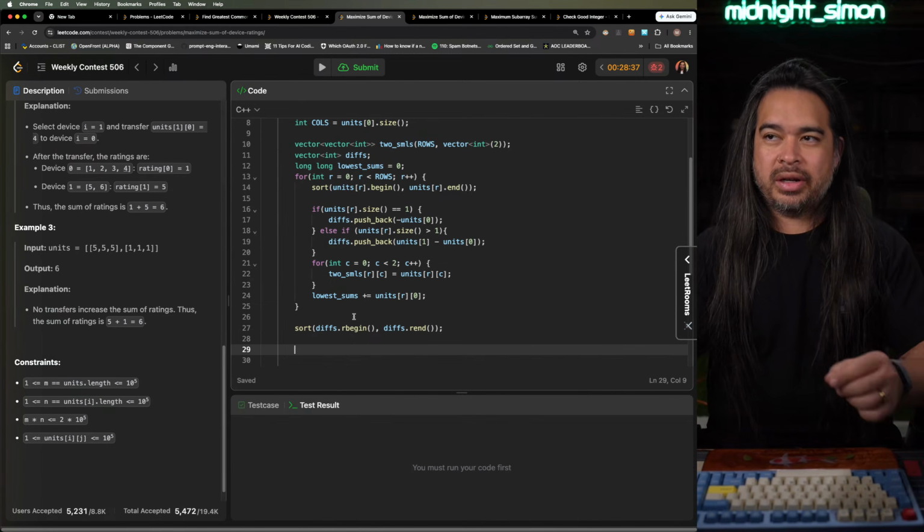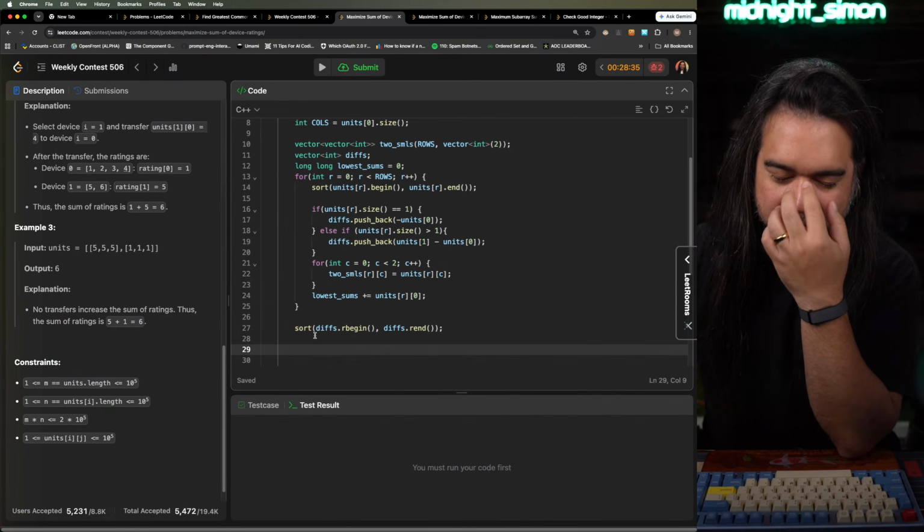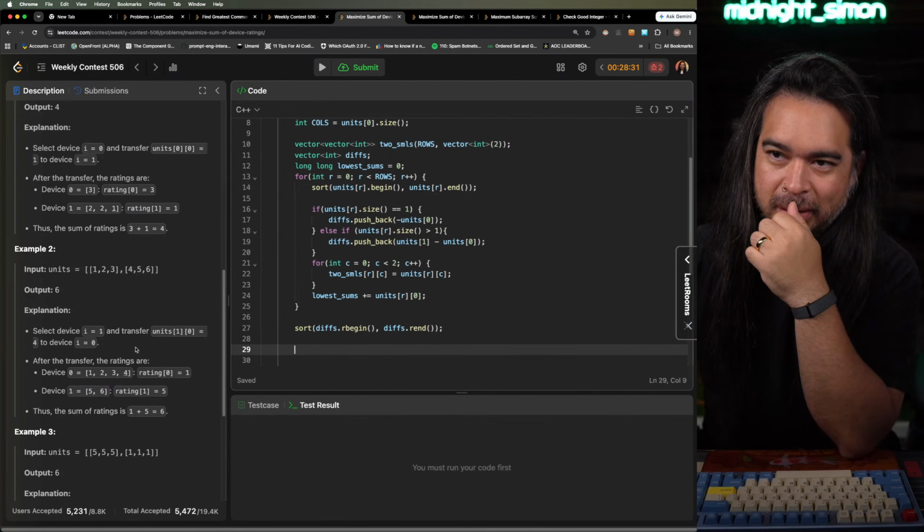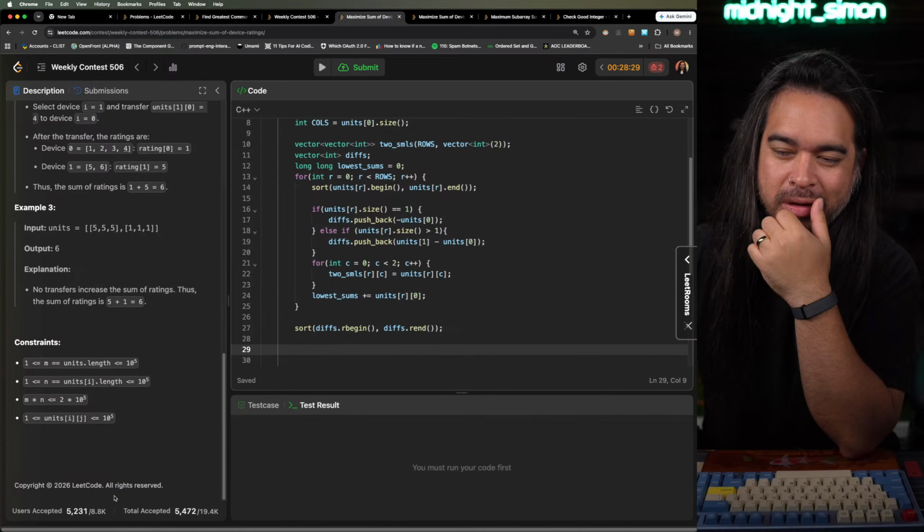Because even if I took these diffs, I don't know where to put them and how that's going to change things. But I think I'm overthinking this problem based on how many people accepted here.